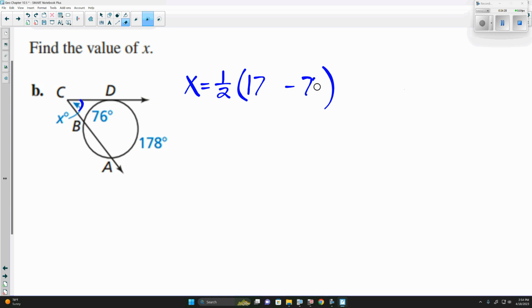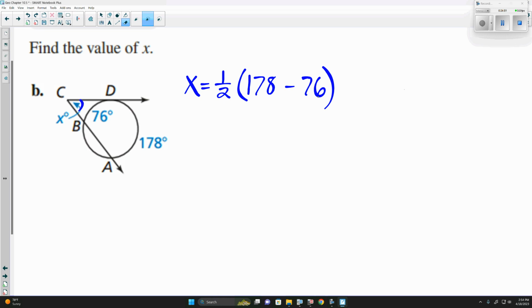Thank you. That was, I erased the 6 and wrote a 6. Yeah, so 178 and 76. Tried to be slick and it didn't work out. So the bigger arc always goes first with this one here.